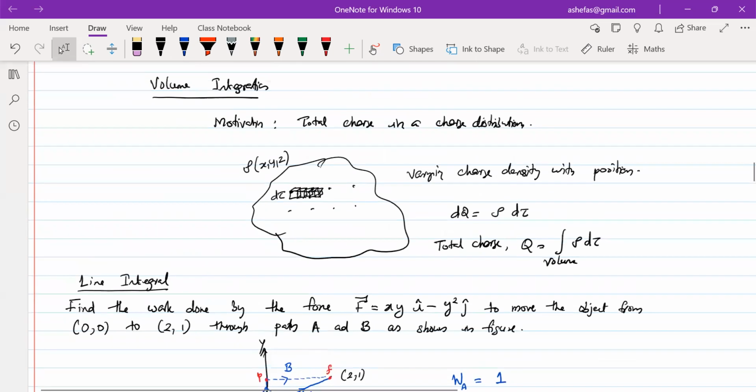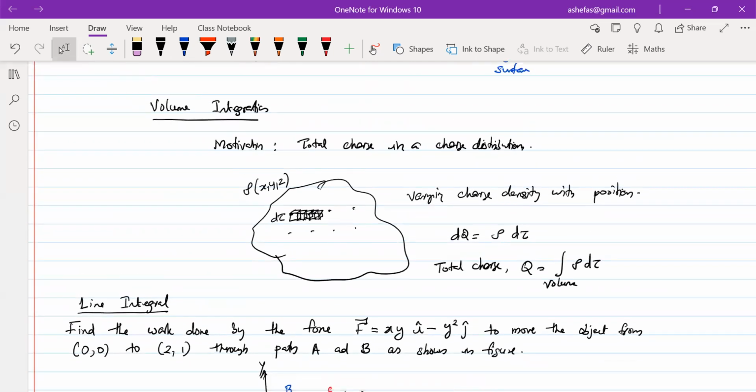Thereafter we discussed each of these in detail using some examples, and we introduced the concept of the conservative nature of a vector field. We also showed that a conservative field can be represented in terms of the gradient of some scalar field. That scalar field is called the potential in general.